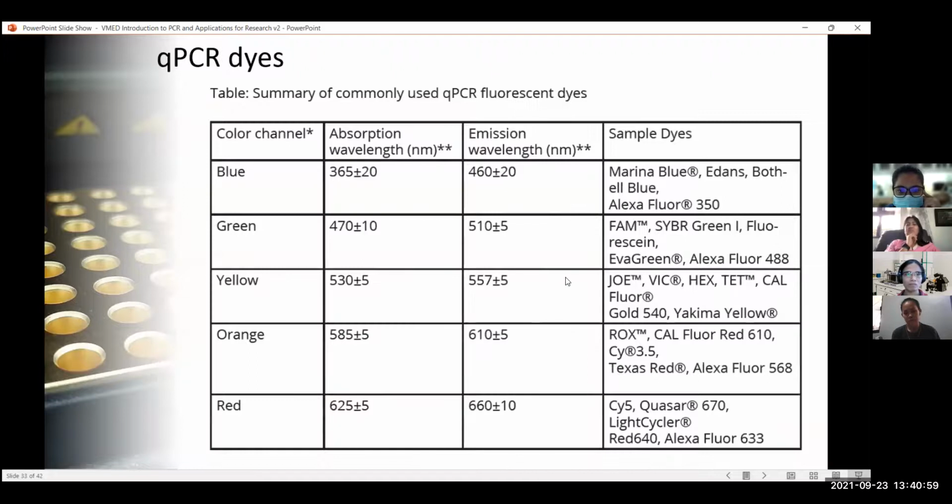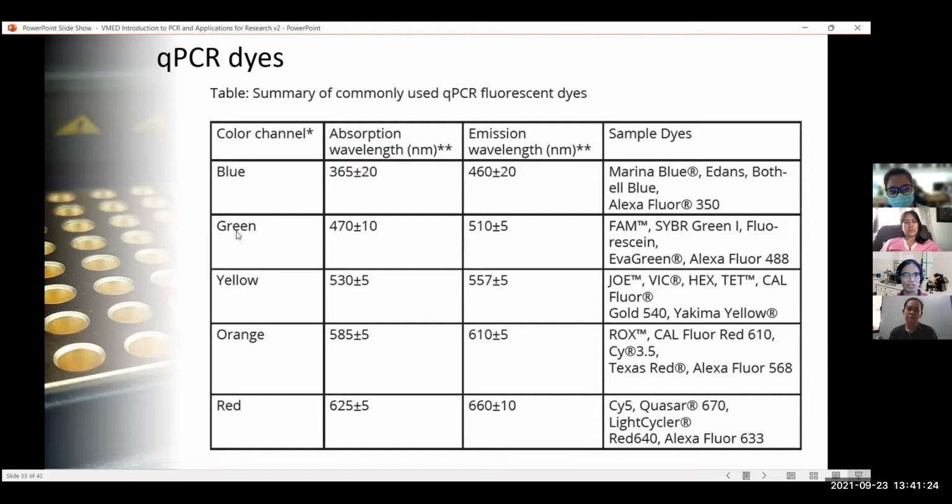Okay. So there are a lot of qPCR dyes. This is the reason why you can detect several targets in a reaction. If you want, you can assign PED in the blue channel, and you can assign TGE in the green channel. So if you see only blue signal, you're positive for PED.